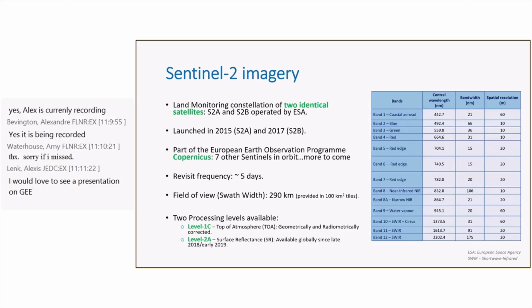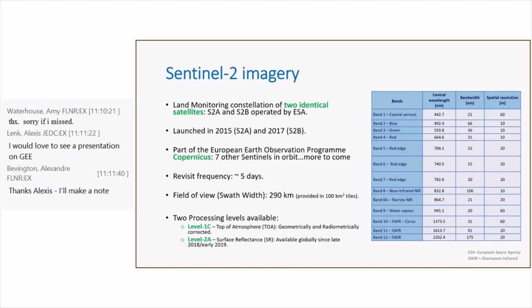There are currently 7 other Sentinel satellites already in orbit under this program, both radar and multispectral, and a few other missions are scheduled for launch in the coming years. The Copernicus missions cover a wide range of applications, mostly for land, ocean, and atmospheric monitoring.